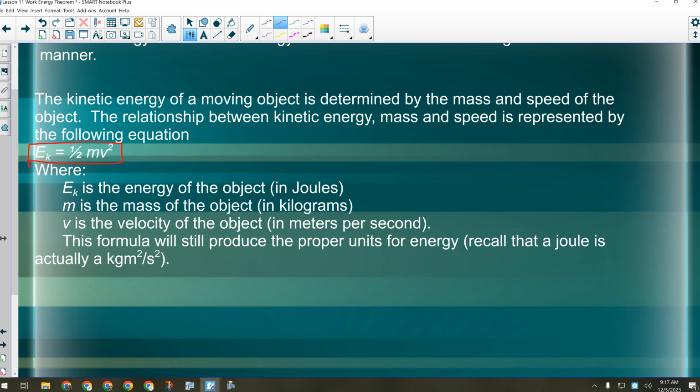Again, that formula is on your formula sheet. You don't have to memorize it. But it does still give us the units we need, which is joules. Remember we learned yesterday that a joule is a kilogram meter squared per second squared. Well, when I multiply mass in kilograms by v squared, that's kilograms times meters squared per second squared. It still gives us joules.